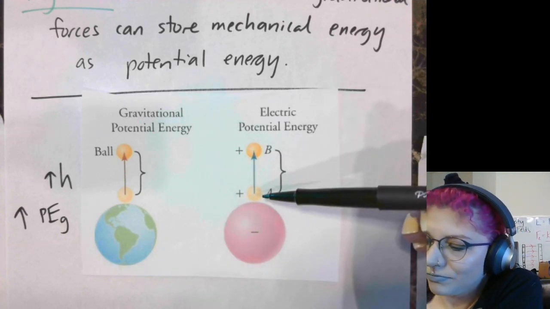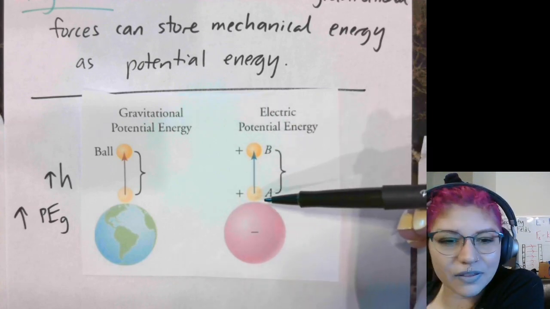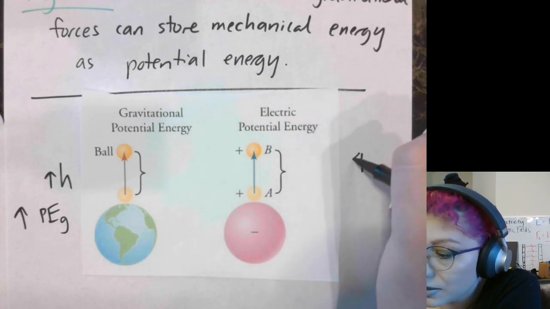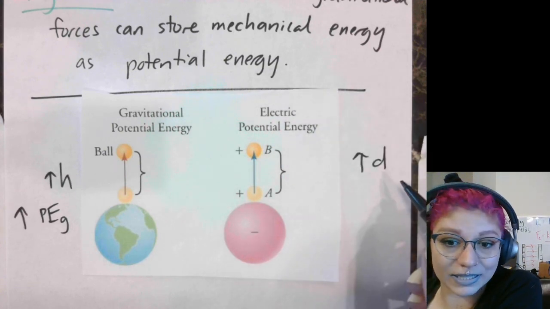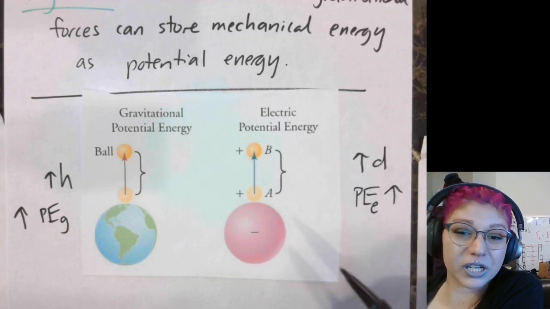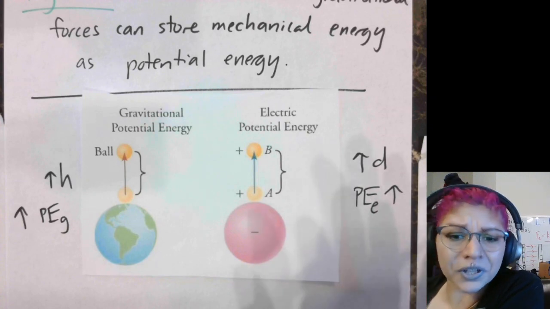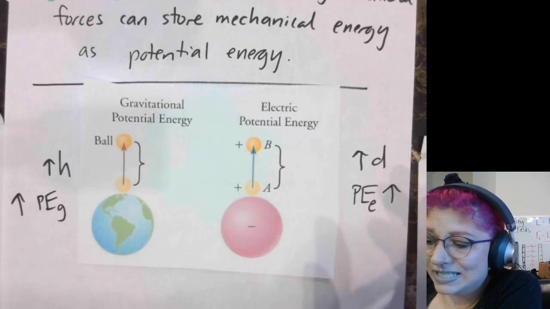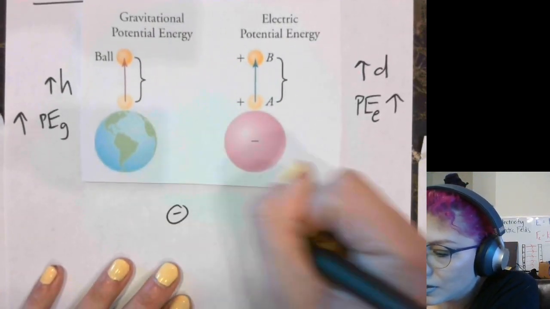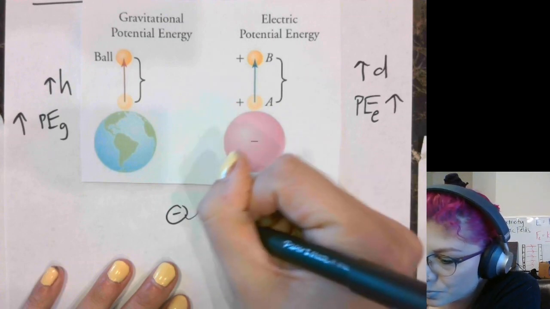So as you bring this positive charge farther and farther away, so as we increase the distance, the electrical potential energy also increases. So one of the classic examples for this is to think about this positive and negative charge like it's separated by a spring, right?